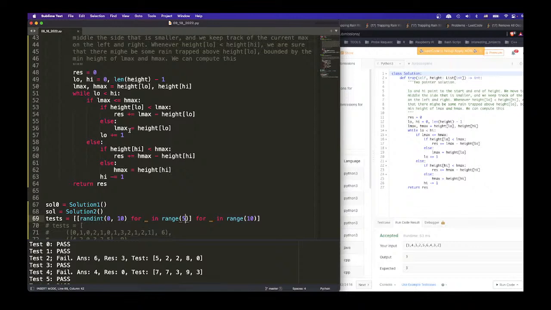Okay. What if I update low and high first?